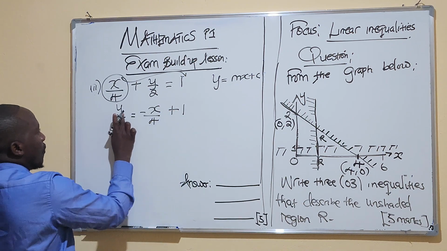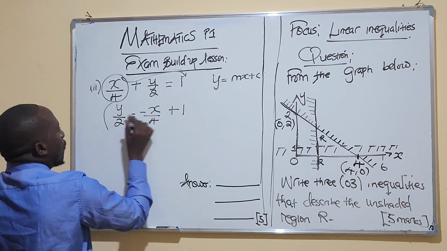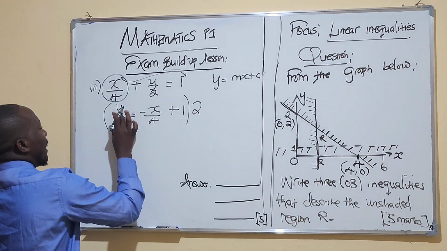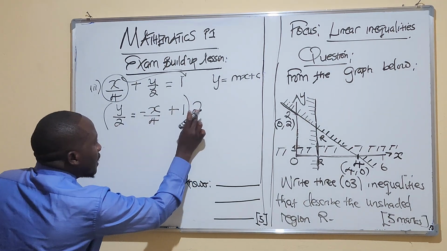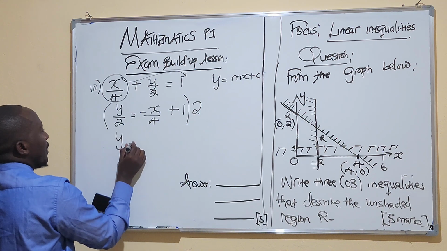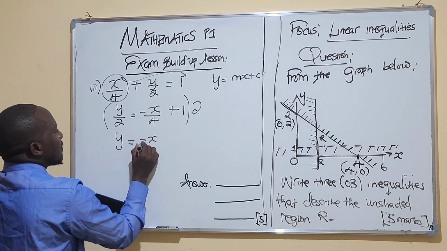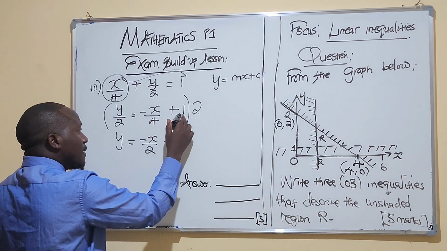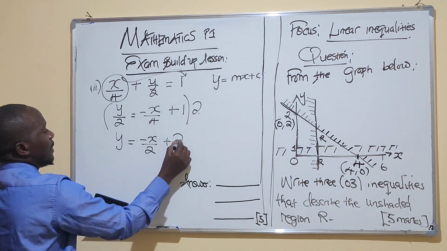Since we want to remain with the y, we multiply the whole equation by 2. So 2 multiplied by y over 2, this 2 and this 2 cancel, so y equals negative x over 2 into 4, it's going to be 2, then plus, since this is a whole number, 2 times 1, it is a 2.